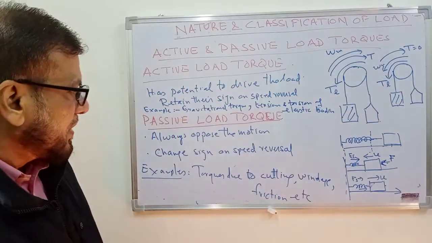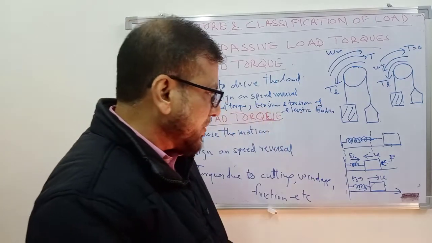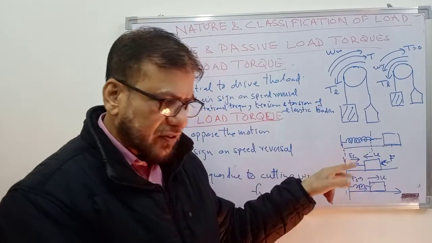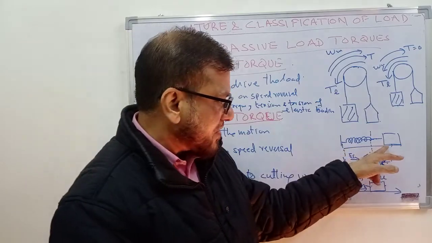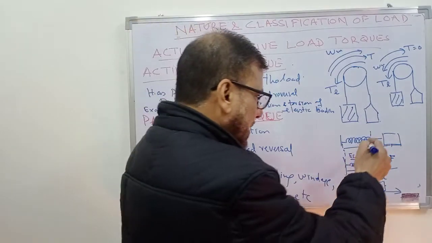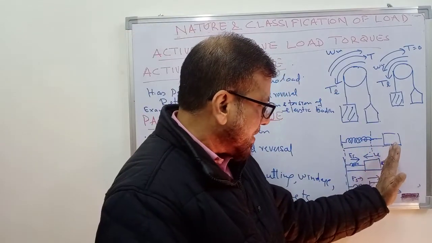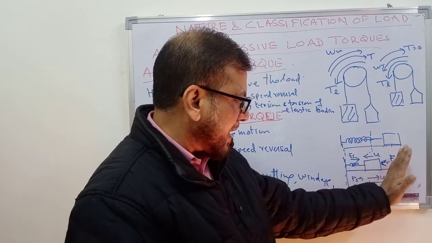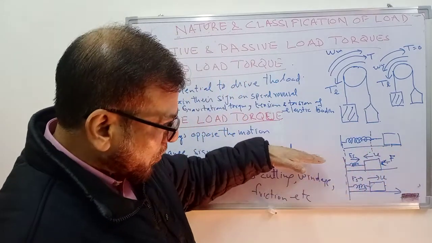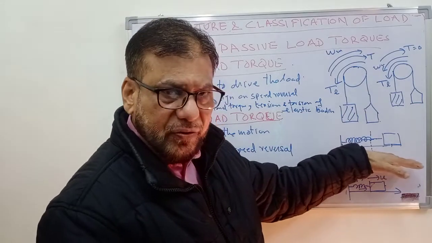Similarly, the case of tension and torsion of elastic bodies. For example, let us take the case of a spring which is attached to some object, some block. So this is a neutral position. If we push the block like this by applying a force, the spring force will oppose the motion. It will act against the force.